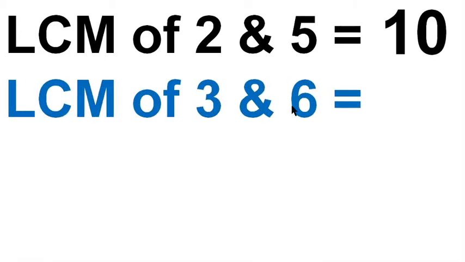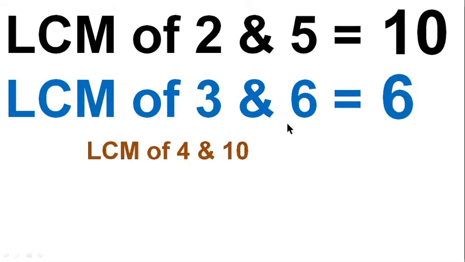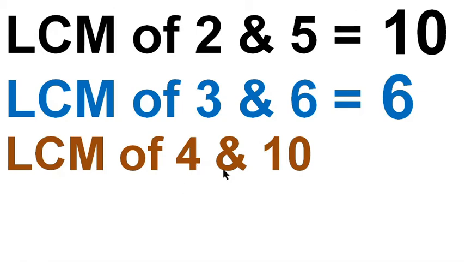Here 3 and 6, 6 is greater, and 6 is divisible by 3, so 6 is LCM. And here 4 and 10, 10 is greater, and 10 is not divisible by 4, so we will make 10 double, and it will be 20, and 20 is divisible by 4, so 20 is LCM.